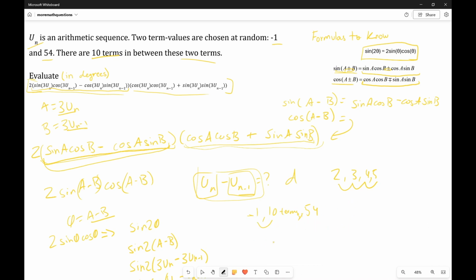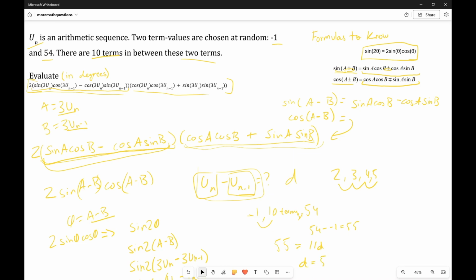So we know that there are 11 differences being applied in between -1 and 54. We can say that the total difference between -1 and 54 is 55, because 54 minus -1 is 55. And we know that this is 11 times the common difference, so the difference is 5.